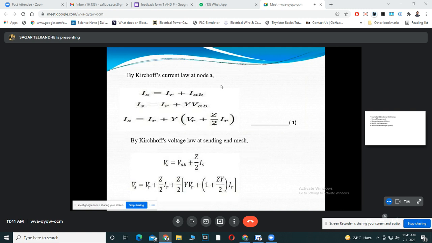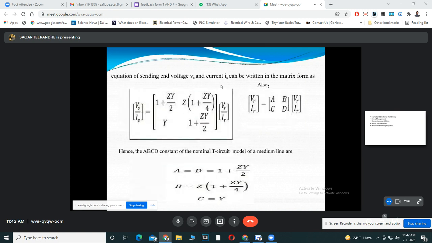Thus, Is is equal to IR plus Y into VAB, and we know that from KVL, VAB can be written as VR plus Z by 2 into IR. By KVL at the sending end mesh, we have Vs equal to VAB plus Z by 2 into Is. Thus, Vs comes out to be VR plus Z by 2 into IR plus Z by 2 into the whole term, Y VR plus IR, which gives 1 plus ZY by 2 into VR plus Z times 1 plus ZY by 4 into IR.